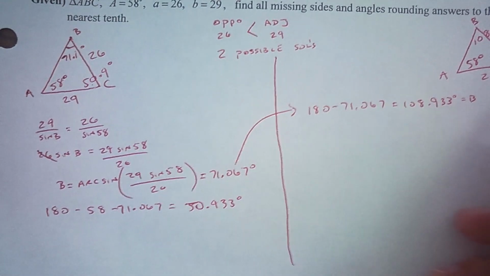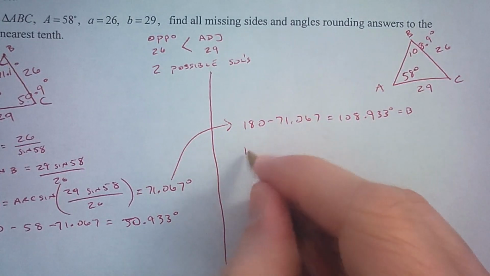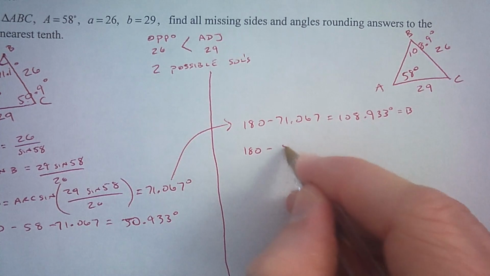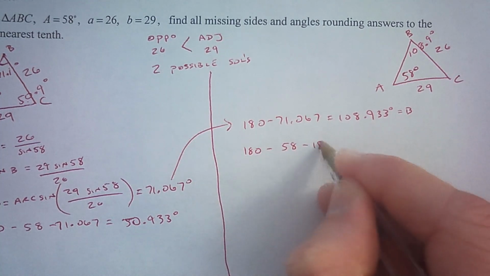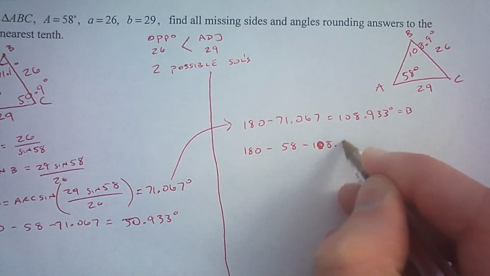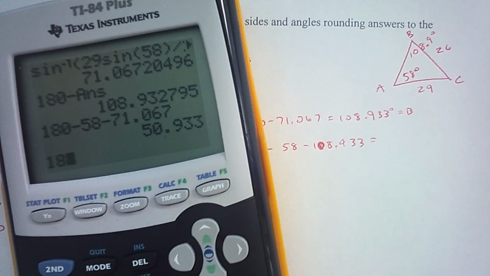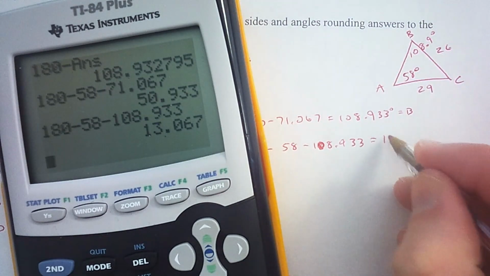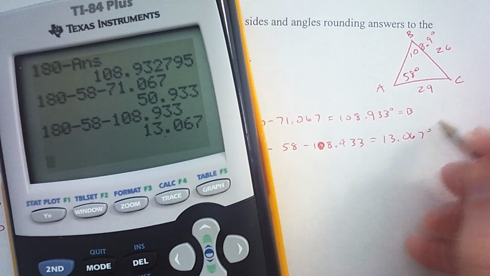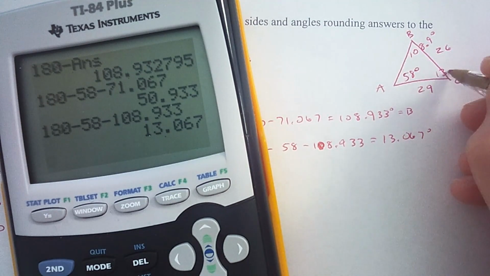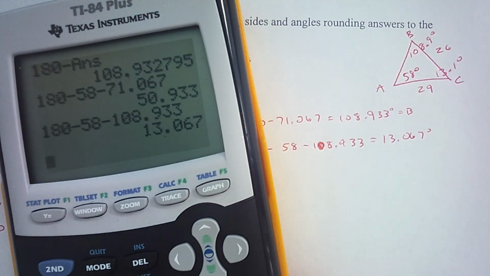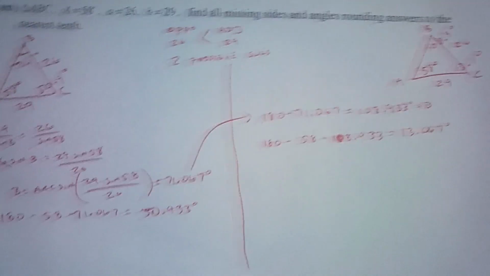Okay, then over here I can do angle C by doing 180 minus 58 minus 108.933. So we have 13.067 degrees, so that will be 13.1 degrees as I round to the nearest tenth.